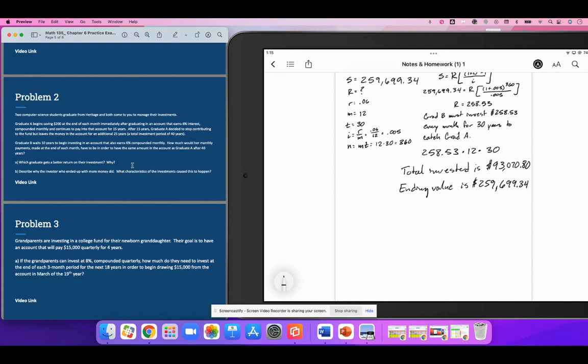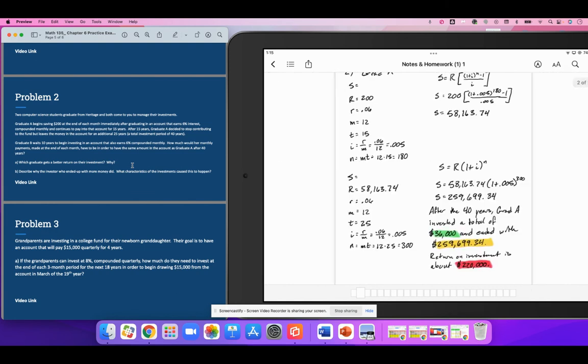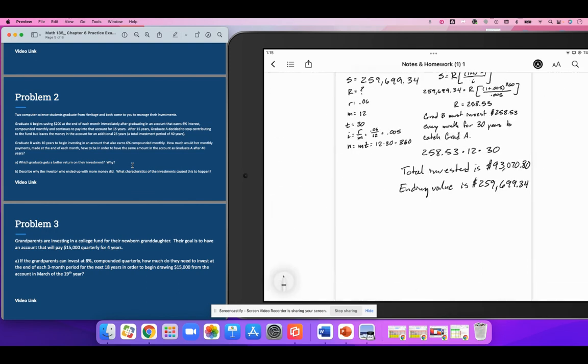And so the return on the investment, or the growth, either way of saying that, is about $166,000.